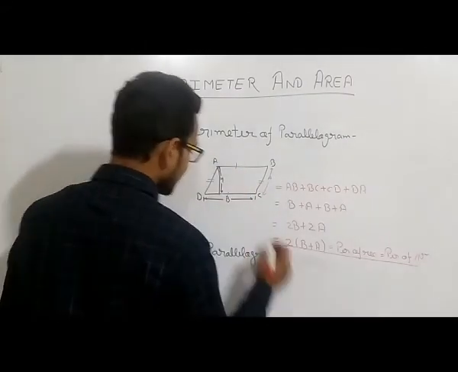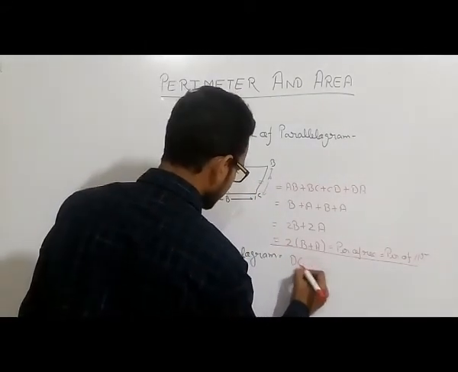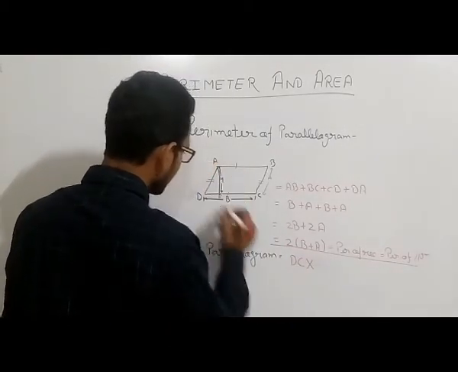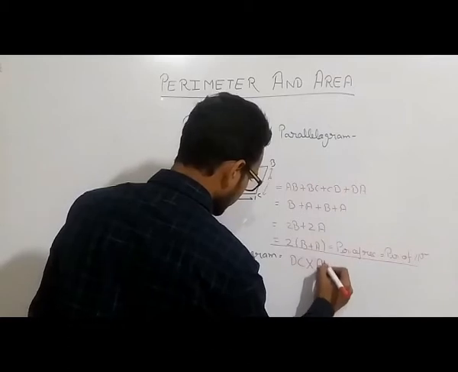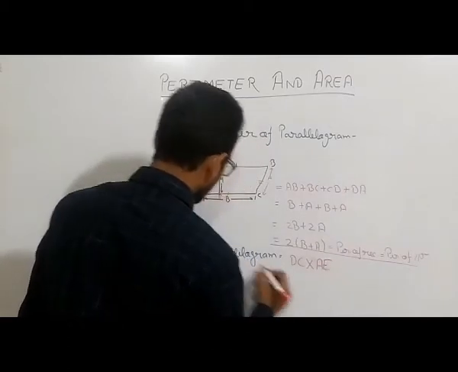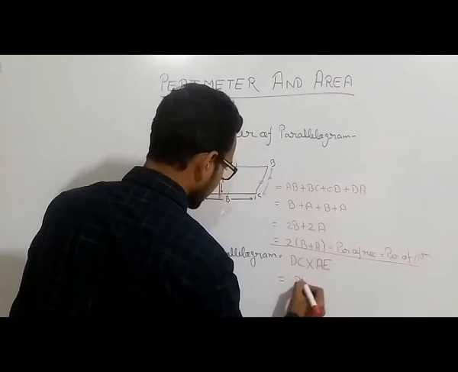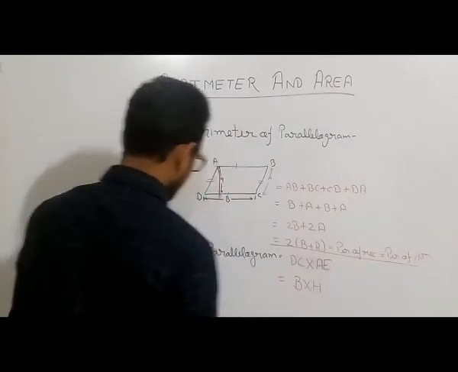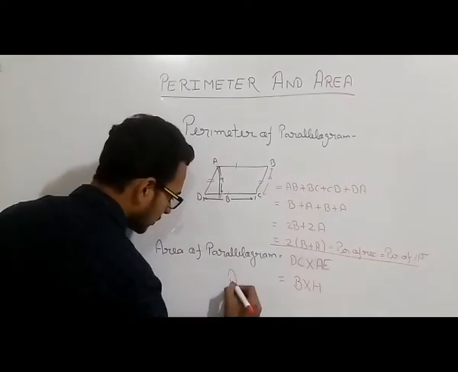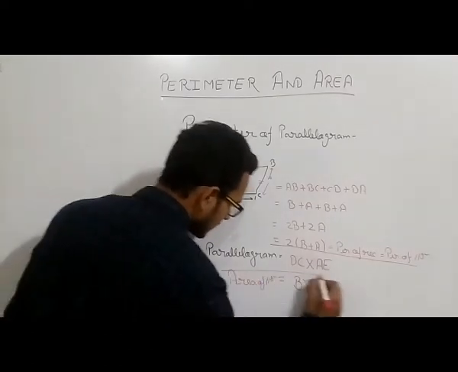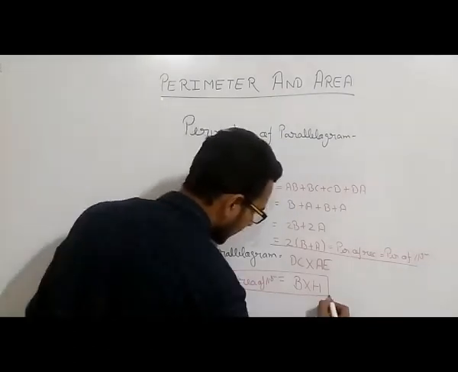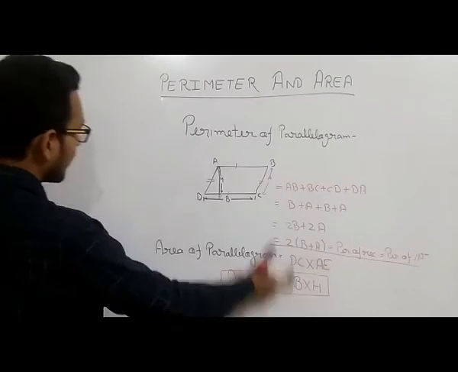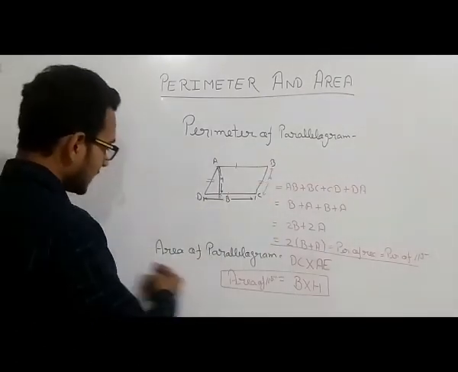Here base is DC and height is AE. Put the value of DC as B and the height AE as H, meaning the area of the parallelogram is equal to base into height. We find out easily the formula of the perimeter and the area of a parallelogram.